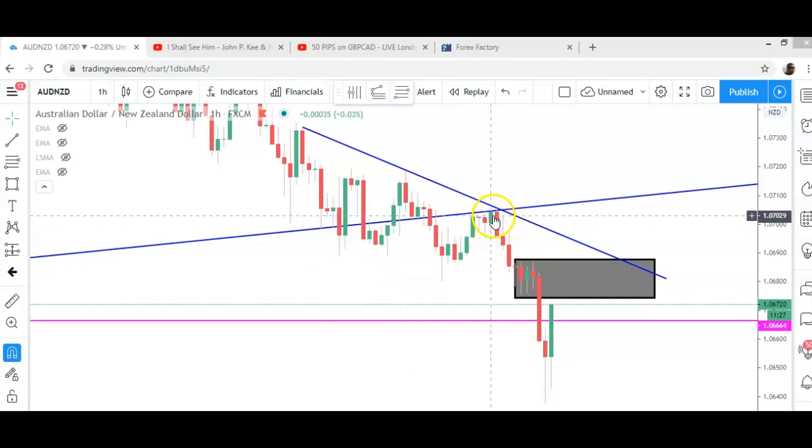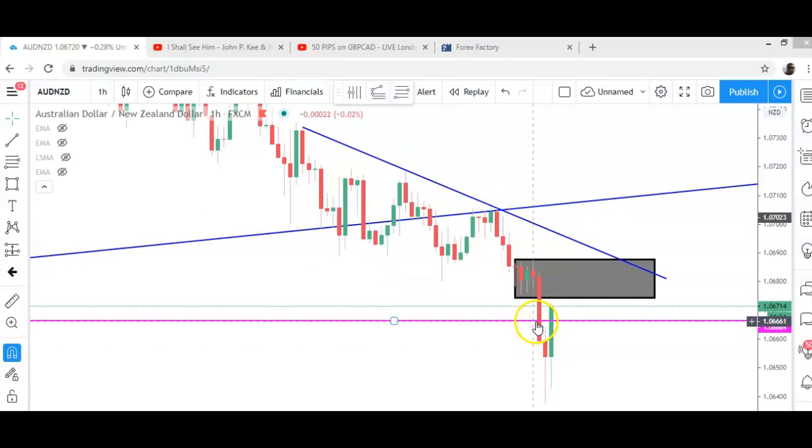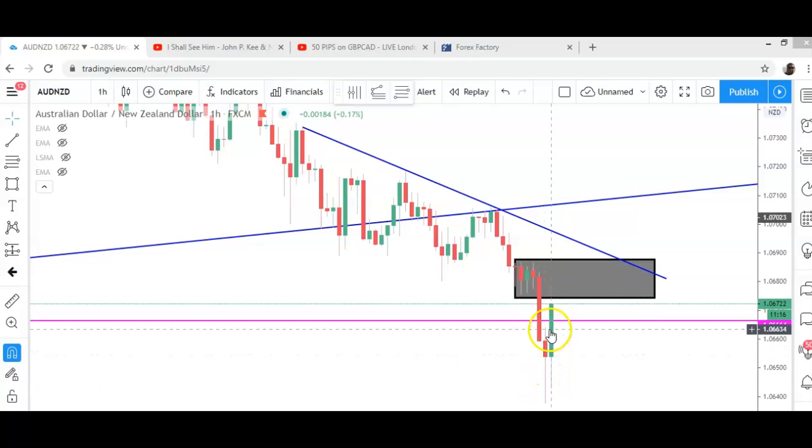Okay, so we do see that price continued down and broke our support level here, but now it's actually retracing.